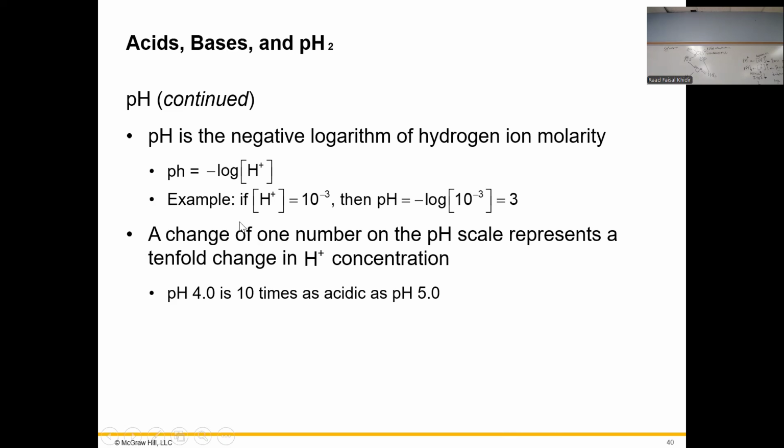When we take it, that will give us the pH. So pH is negative log of the hydrogen concentration.